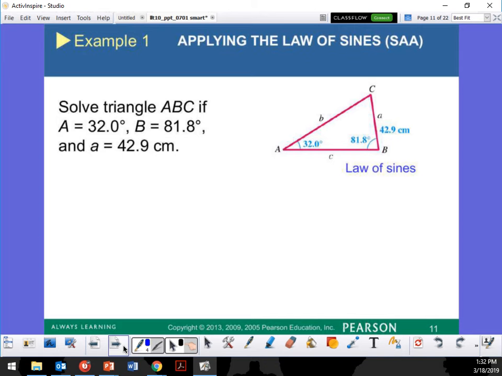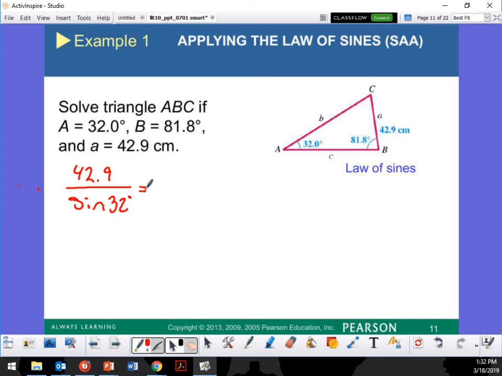Now I could actually use it to solve the others. Solve the triangle means I need to find everything else. Given this, I have big and little A, so I'm going to write that as a over sine of A degrees equals. There's a ratio. What other information do I have?